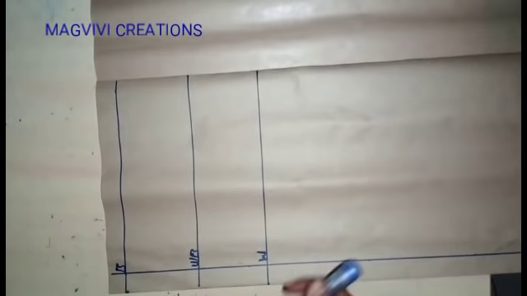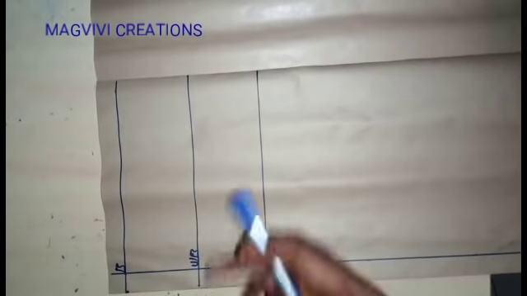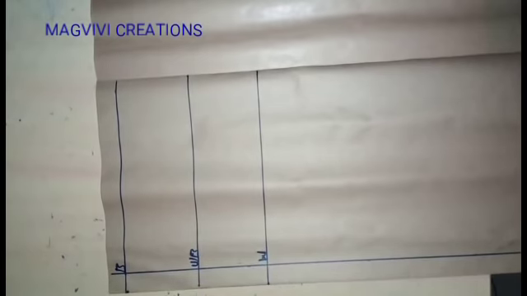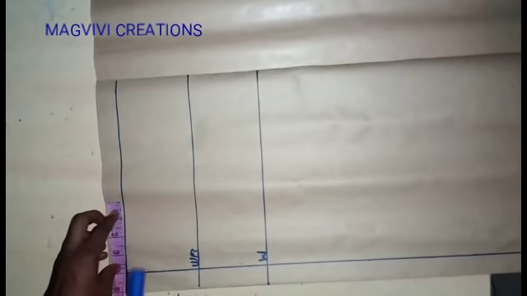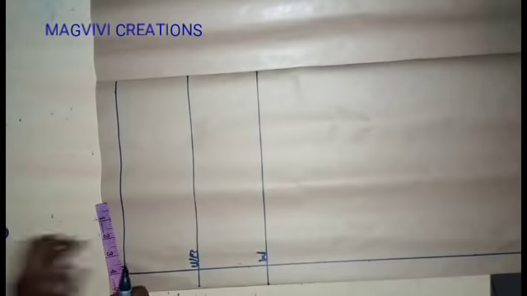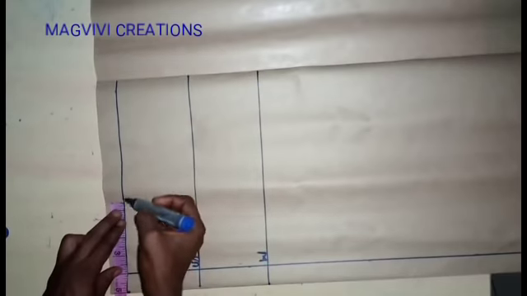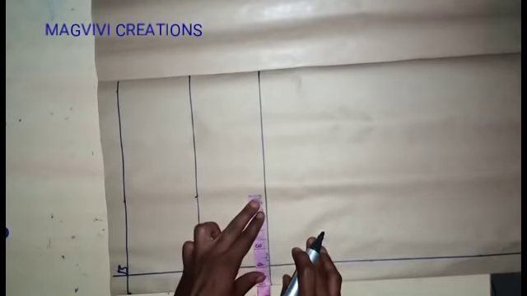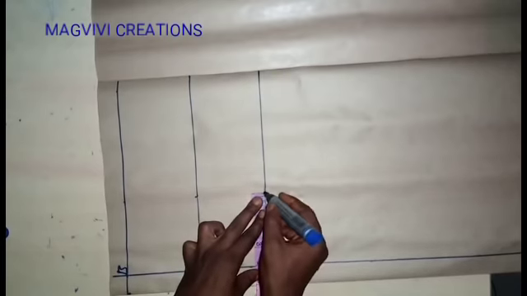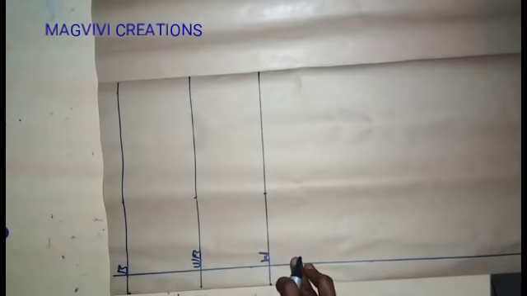So having done this, now the next thing is to take our dart. So to place your dart, just mark your bust span. So mark your bust span from the bust point all the way down. So this is it. So this is the back.